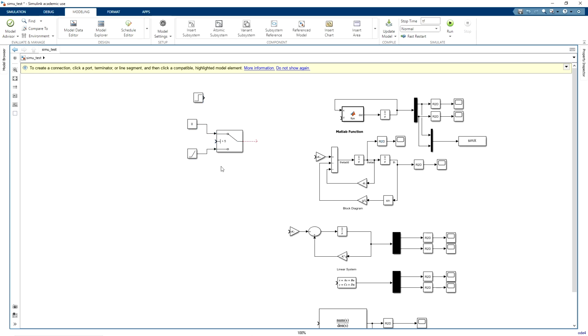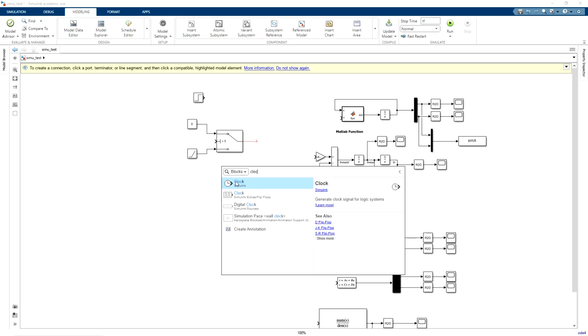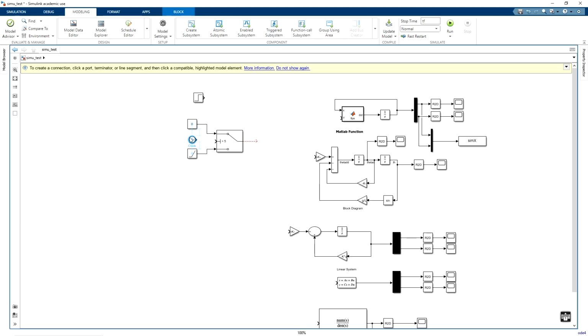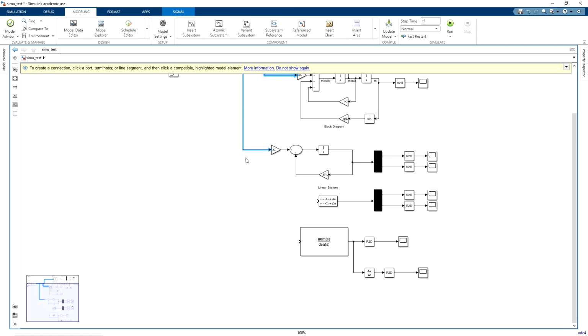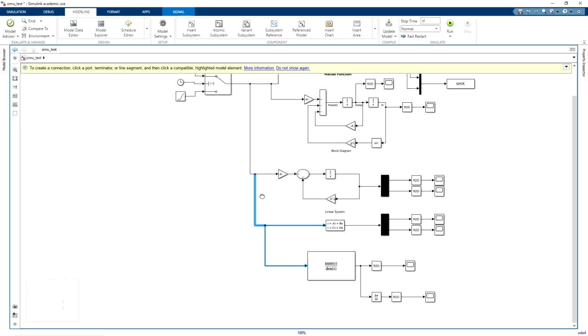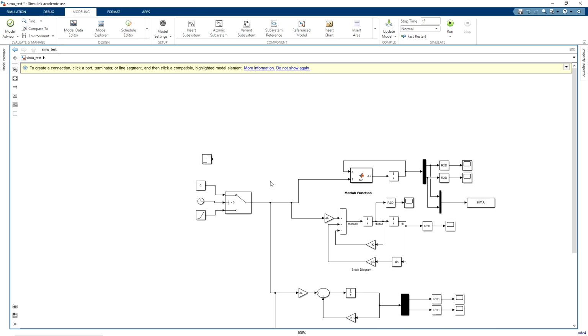So this 5 indicates time. We have time. All right. And let us see whether we are getting the input that we are expecting or not.